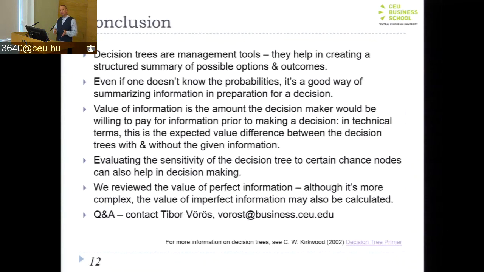And then you draw the second decision tree, adding the information piece that you are now getting either from the government or from market sources, and the difference between the value of the two decision trees will be the value of information.